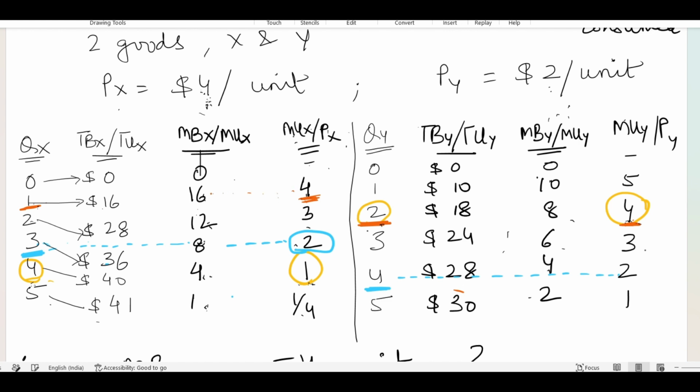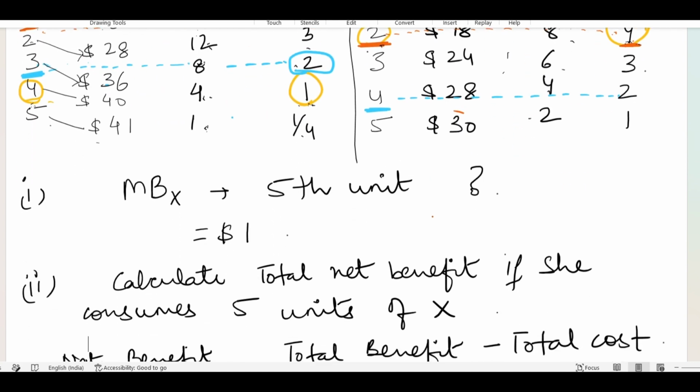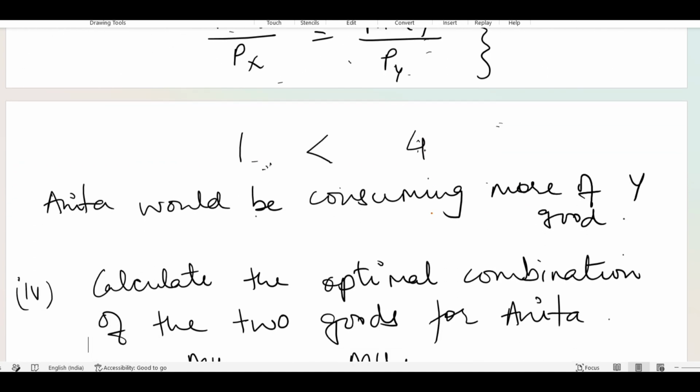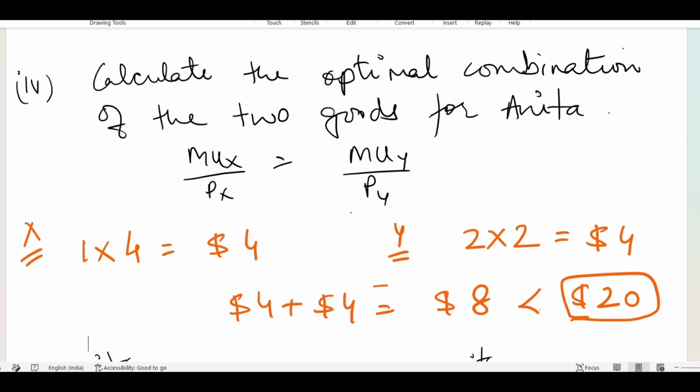Correspondingly, she is consuming 1 unit of good x and 2 units of good y. But let's see if that satisfies the income constraint. 1 unit of good X multiplied by 4, because 4 is the price of good X, gives me $4.